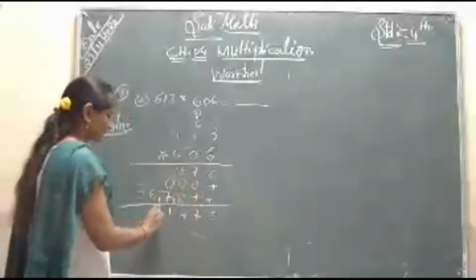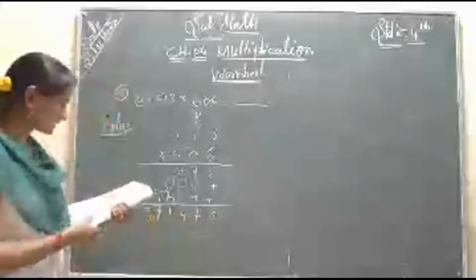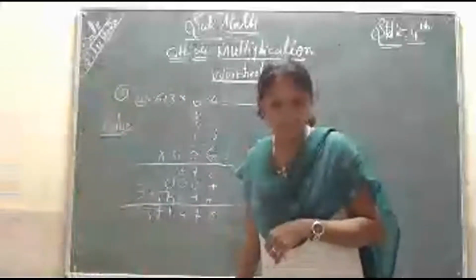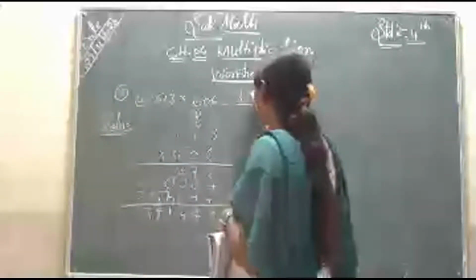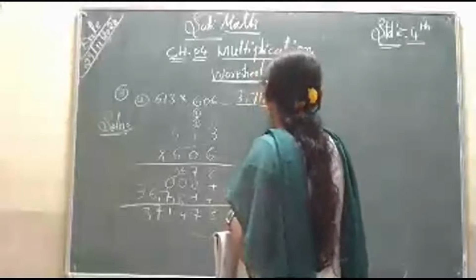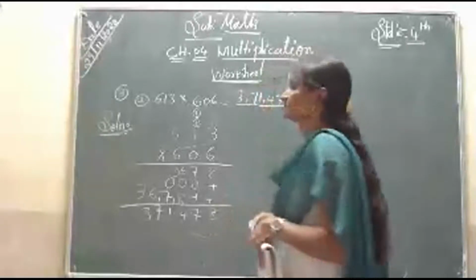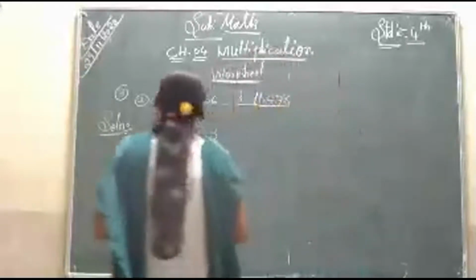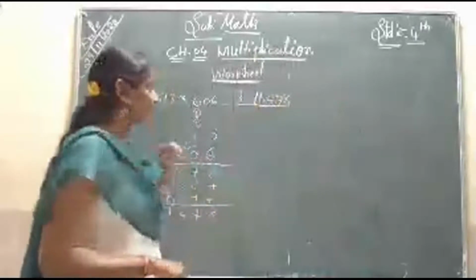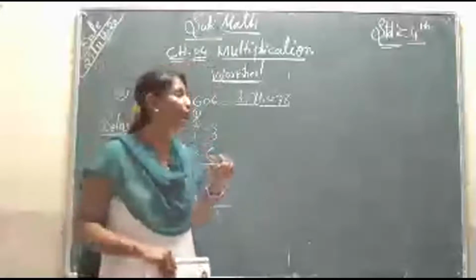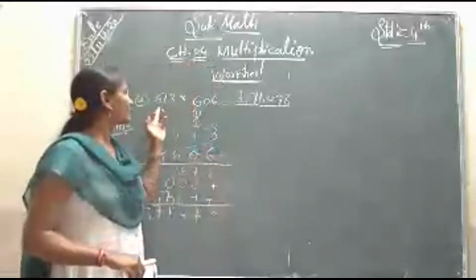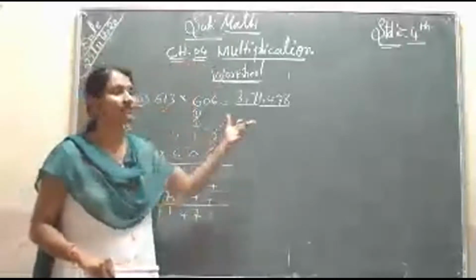Calculate here 1, 7, 6. Students, what is the result? The result will be 3,71,478. That is the product of 613 and 606. We will get the result.